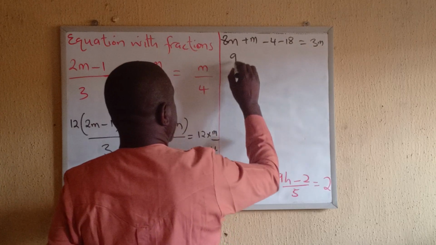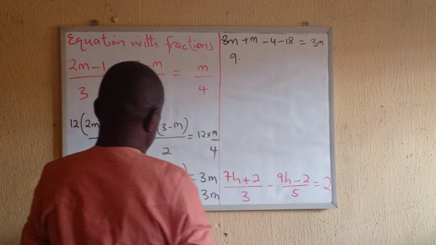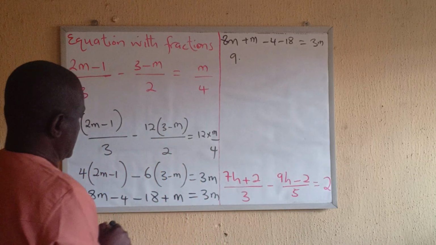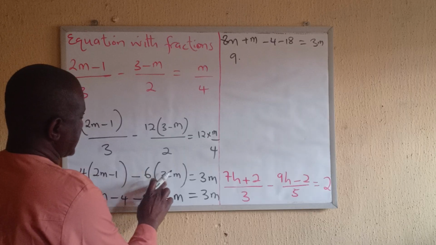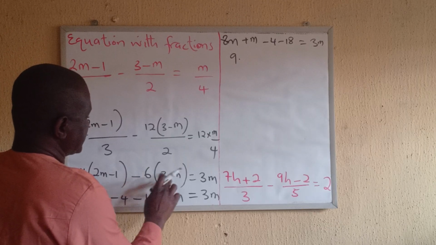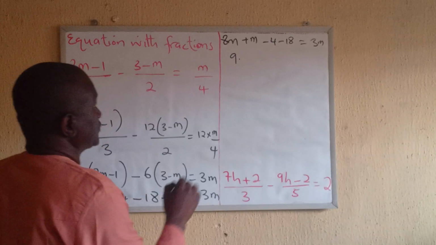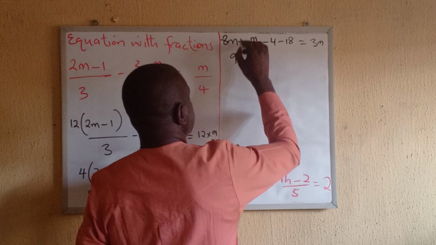So this will give me 9. There's a mistake here. This minus 6 times 3 will give you minus 18. Minus 6 times this is supposed to be 6 here. So there's a 6 here. Sorry for that.